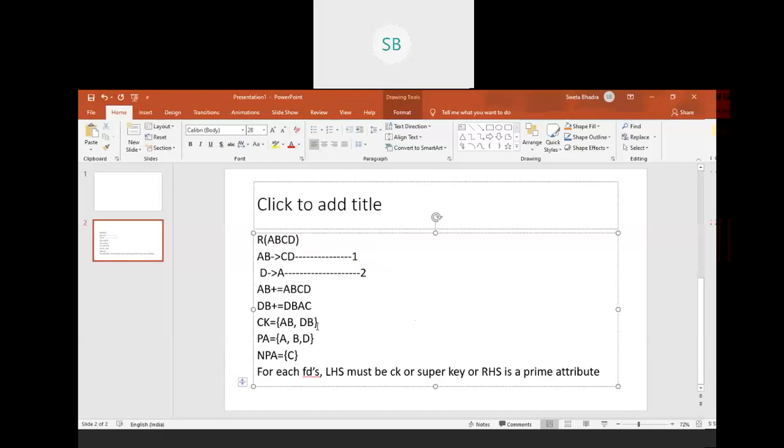No. But we have to check another condition, that the RHS is a prime attribute. Is A a prime attribute? Yes, it is. That means it satisfies the third normal form, so it does not have any transitive dependency. Please do remember this. Are you clear? Any confusion?